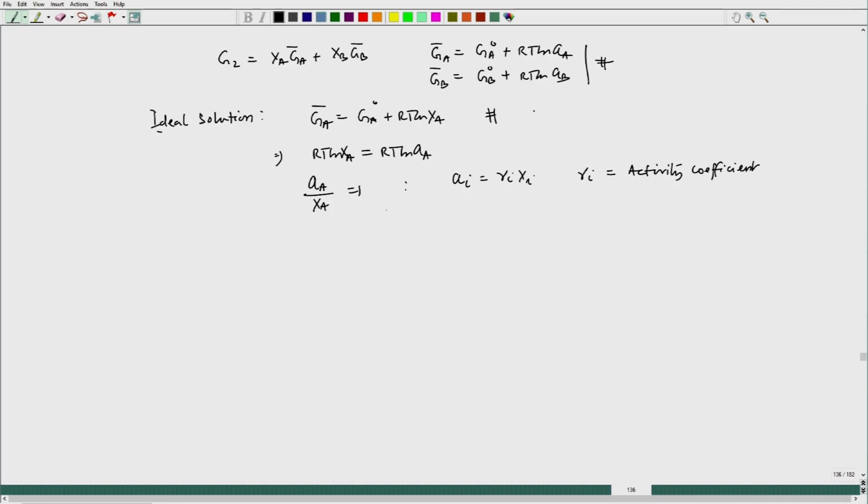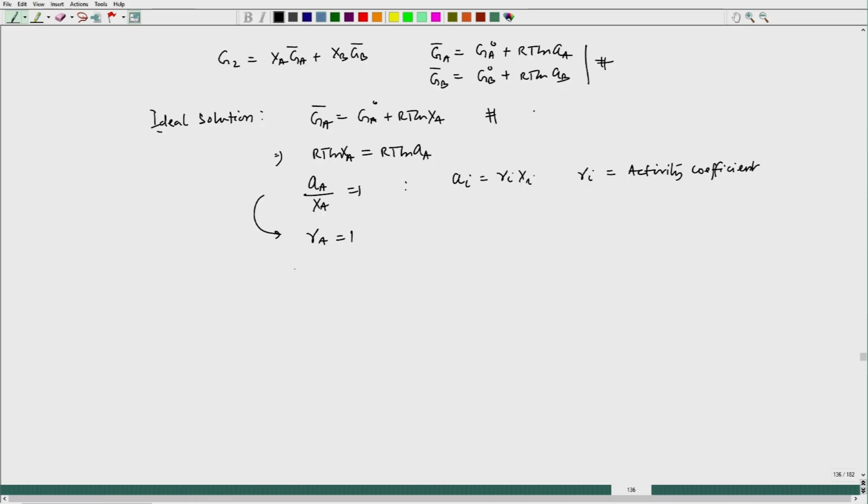So, gamma A should be 1, and in a similar way we can prove gamma B should be 1.